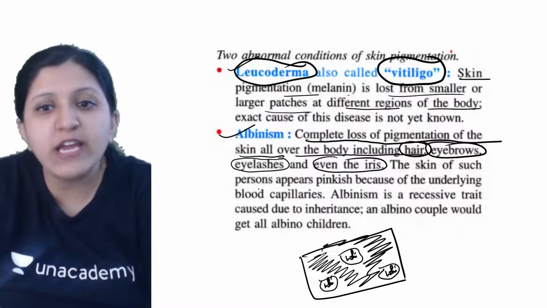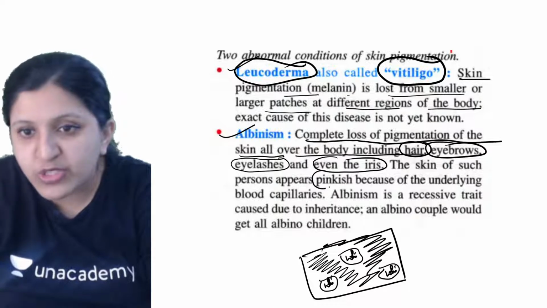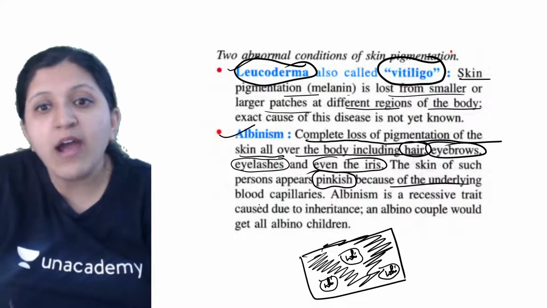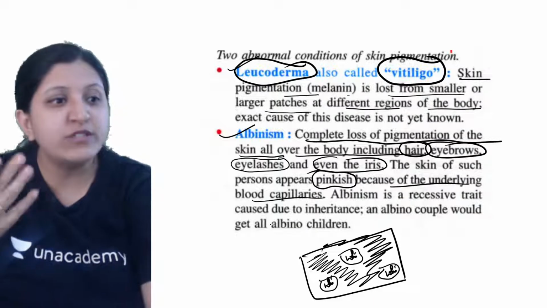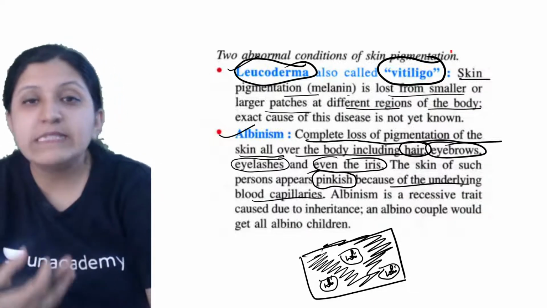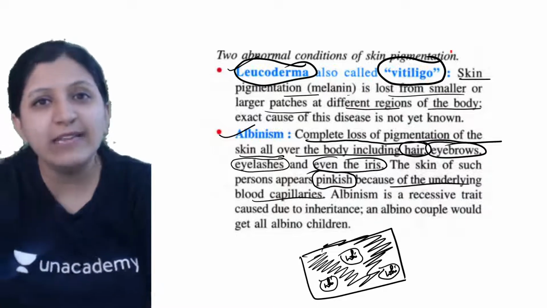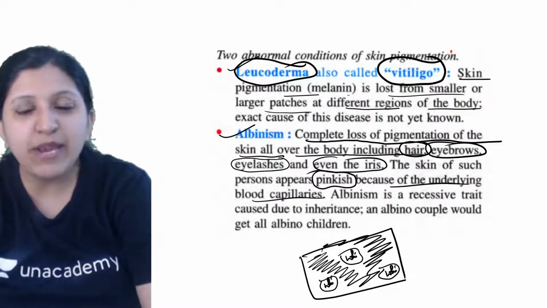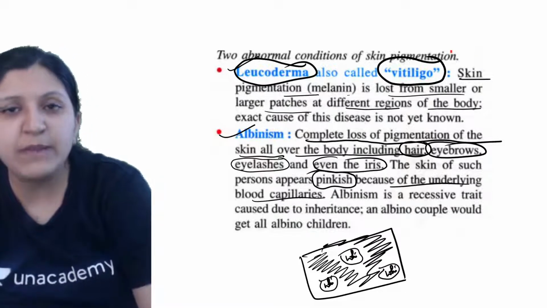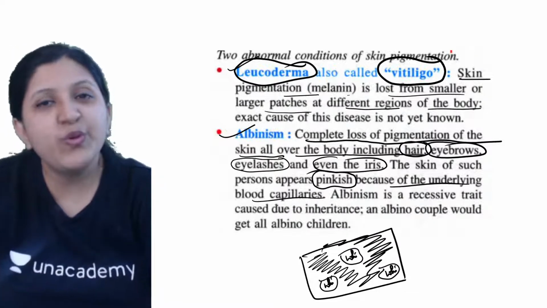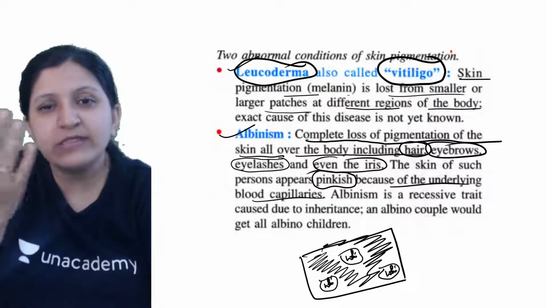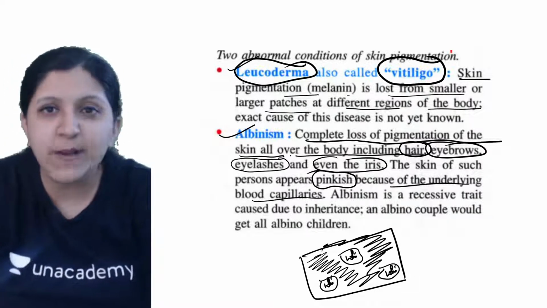The skin of such a person appears pinkish because of the underlying blood capillaries. There will be a tinge of the blood capillaries, as the blood keeps flowing through them, so the skin appears somewhat pinkish, since the pigment that would hide the inner color of the blood is completely lost.